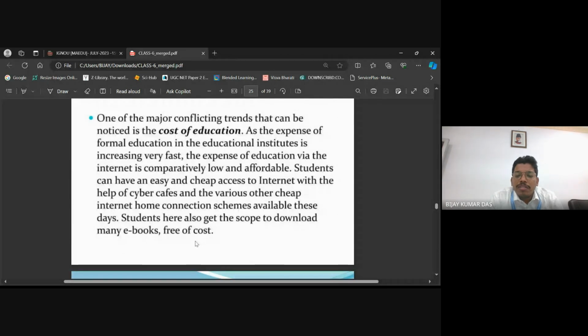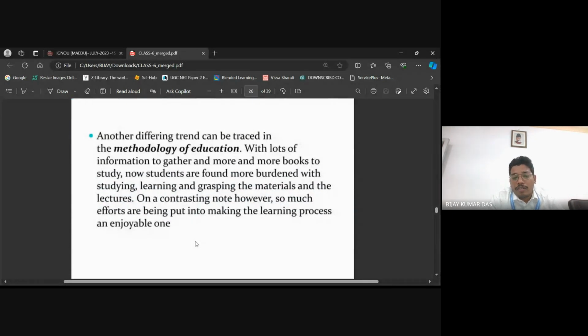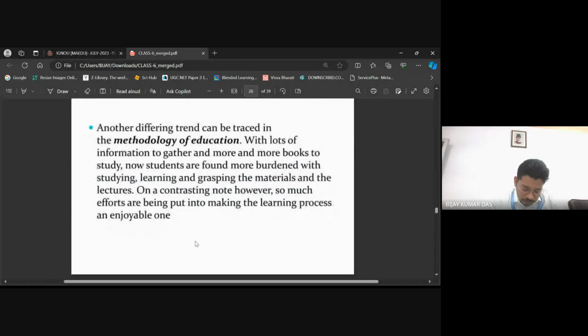These schemes are available nowadays, right? And students are benefited. Students also go to school and get the opportunity to download documents and many e-books free of cost, and they are also seeing a larger number of videos to develop their knowledge. They are getting it in different applications also.